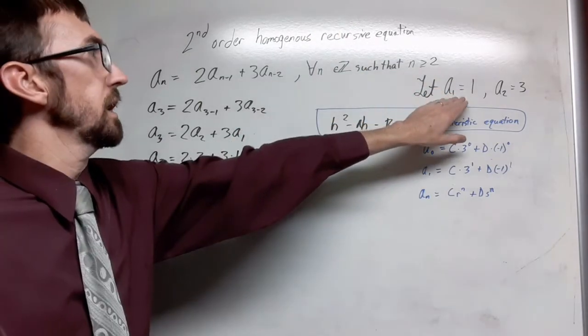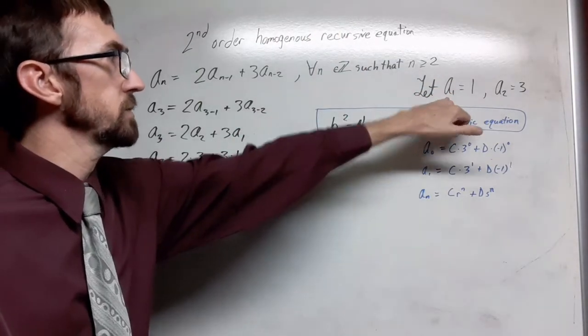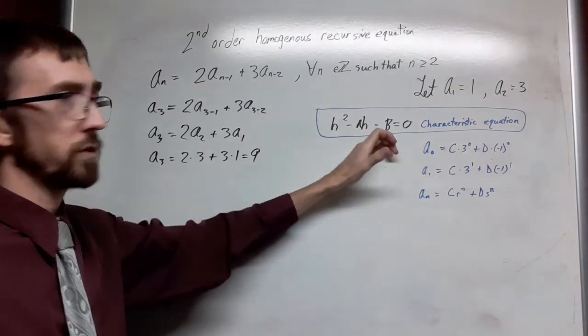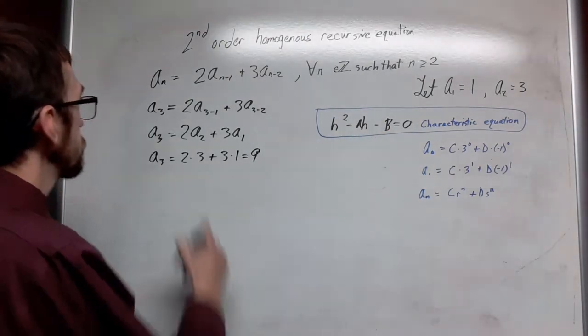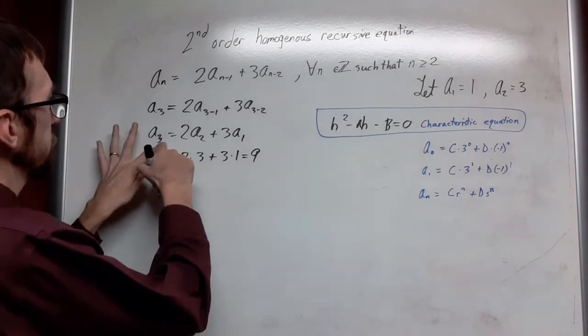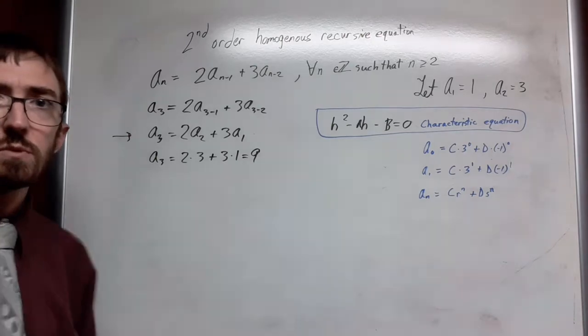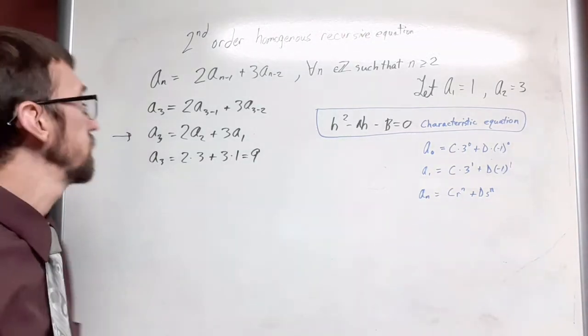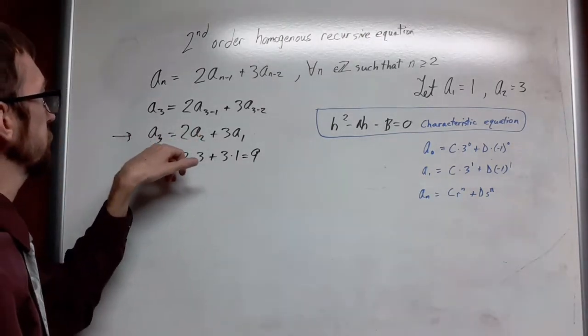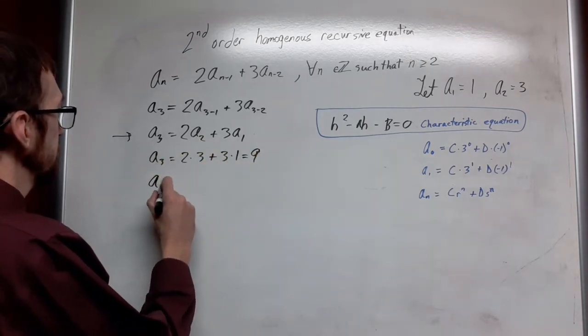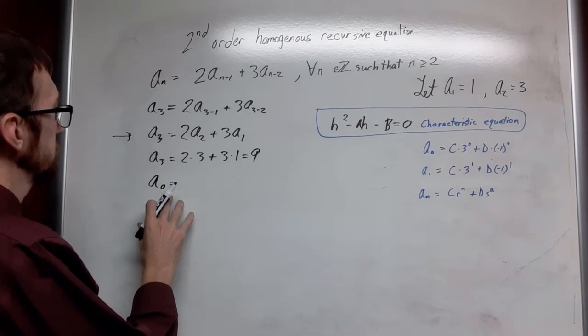Now I want to look at how to find this a sub 0 term because I need it for this pattern to hold with our characteristic equation. Looking at what I have here in this line, I want to construct a way to get a sub 0. Notice I started with a sub 3 and I had 2 and 1 here. So I want a sub 0 here.